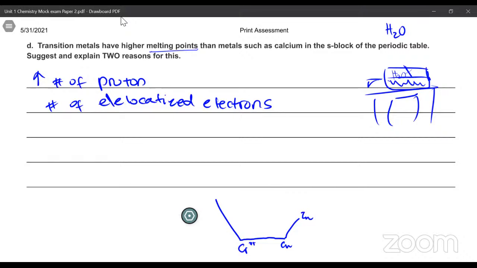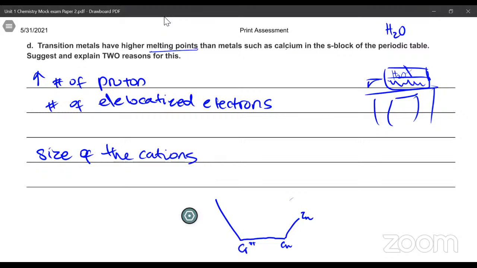So that's why the melting point of the transition element is higher than calcium. Another reason is the size of the ions, in this case the size of the cations. Remember the trend for the atomic and ionic radii of these transition elements: decreasing, then constant, then increasing again.